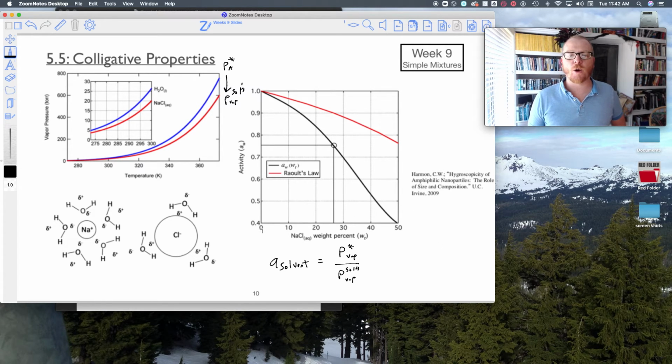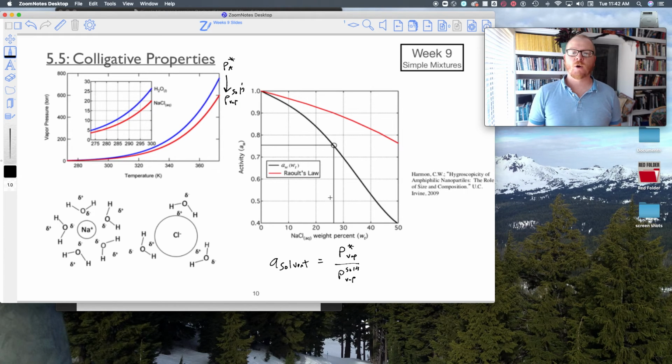So you notice here when I have 0 weight percent of NaCl, the activity is 1.0, right? Nothing has changed, okay? But now as you start adding sodium chloride, it lowers the vapor pressure, and because it's lowering the vapor pressure, it's going to lower this activity, okay?